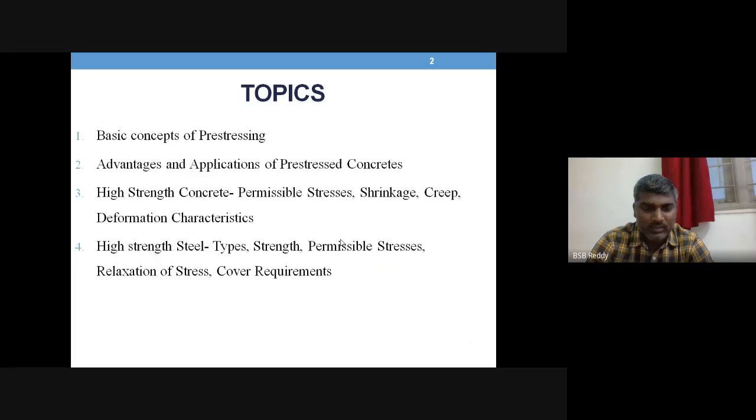And the last content is high strength steel: types, forms, strength, and permissible stresses, and the property called relaxation of stress, and cover requirements. And above that, we have also discussed durability and fatigue related content with this high strength steel. This is the overall Unit 1 syllabus.